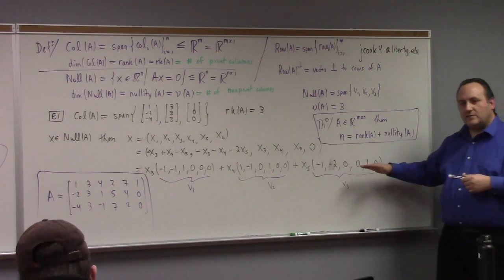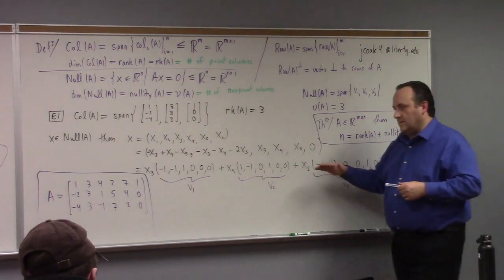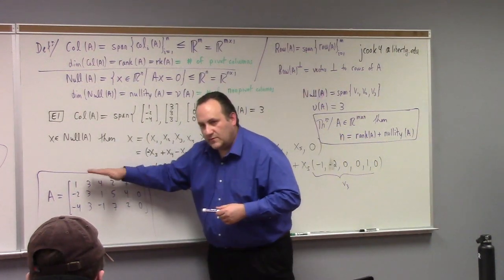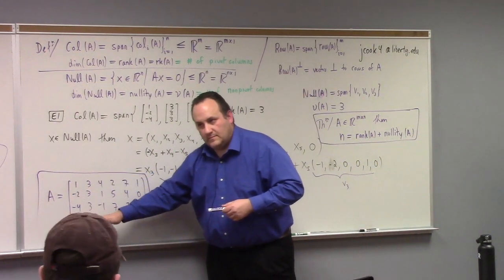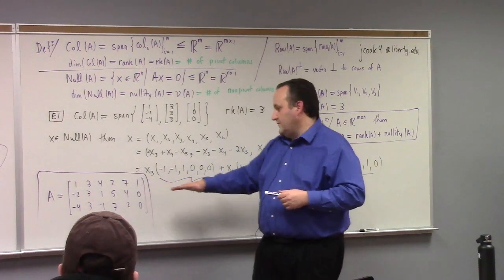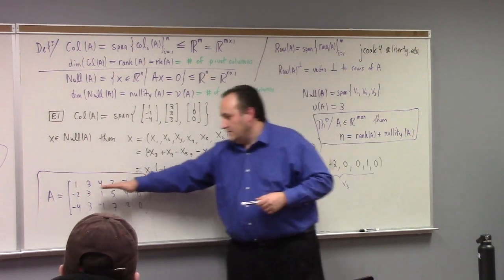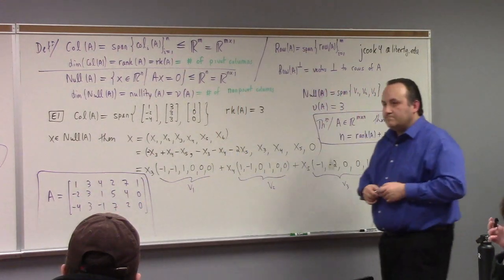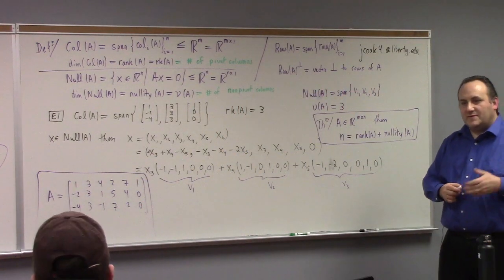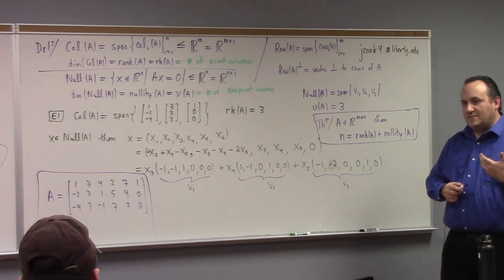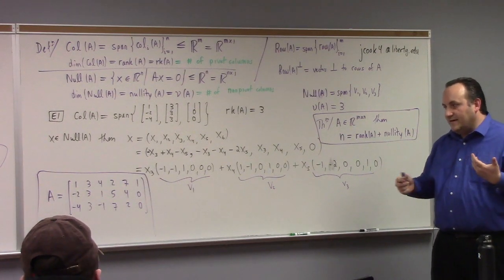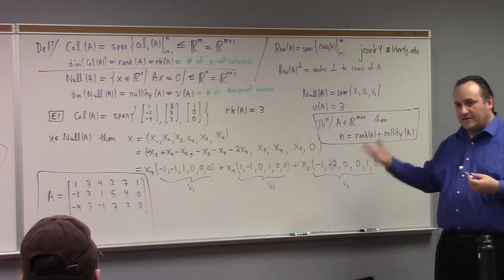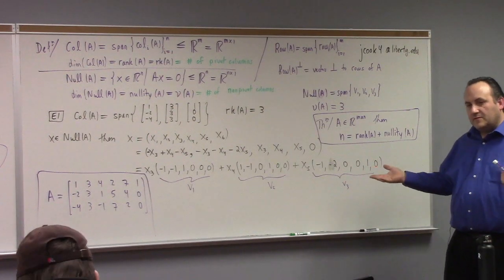These vectors in the null space of A are by construction perpendicular to the rows of A. If you take the dot product of this with that, or with that, or with that, you should get 0 each time. Now, if you really search your heart, you're like, yeah, duh, it solves Ax equals 0, and that's just a stack of 3 dot products, right? So of course it's 0.